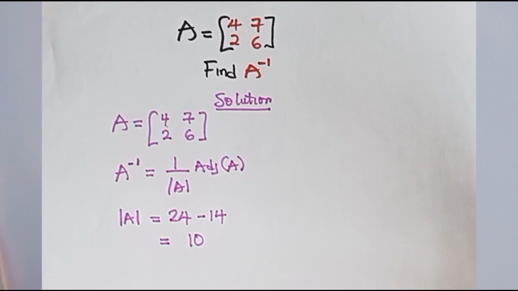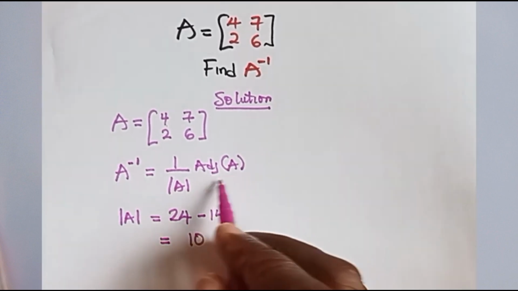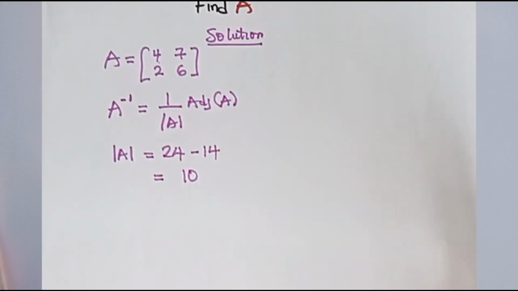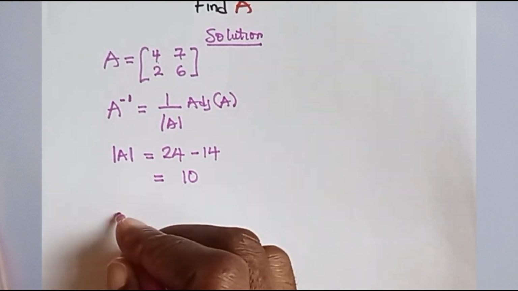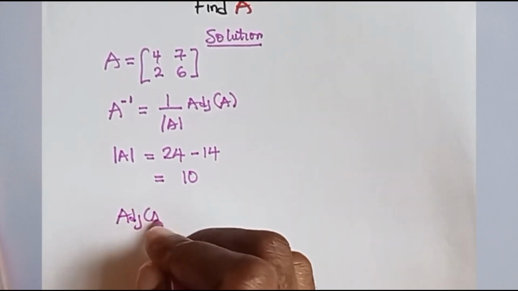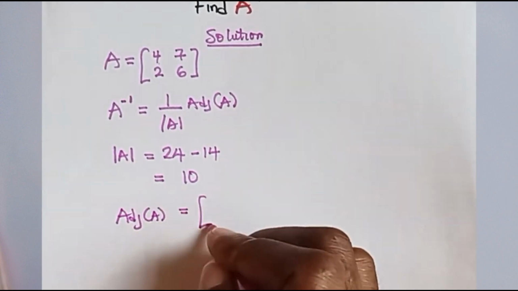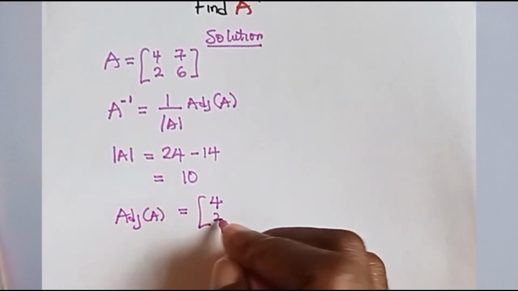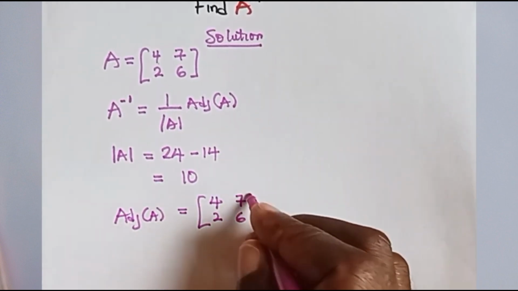The next thing we need to find is our adjoint. Let me write what A is again: 4, 2, 7, 6.